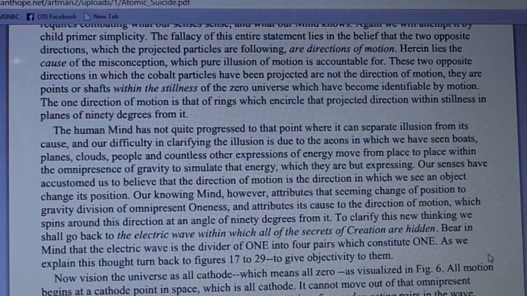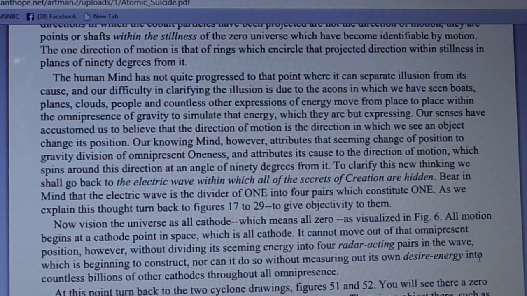As we explain this thought, turn back to figures 17 to 29 to give objectivity to them. Now vision the universe as all cathoid, which means all zero, as visualized in figure 6. All motion begins at a cathoid point in space, which is all cathoid.